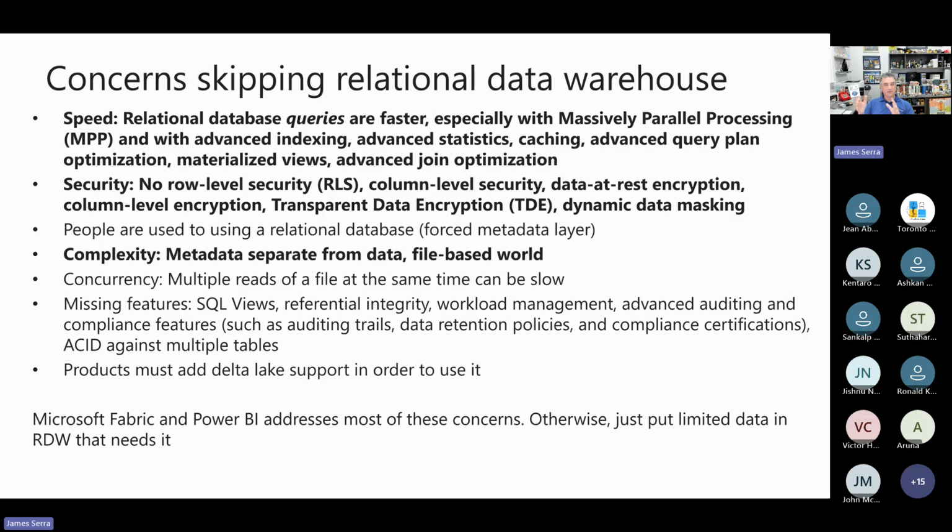And so this problem tends to go away, along with most of these problems, if you're using Fabric and Power BI, because it has workarounds or other methods for eliminating these concerns. Like the second one: Delta Lake does not have row-level security, column-level security, or dynamic data masking. However, those features are in Fabric and Power BI. So while Delta Lake doesn't do it, you can do the same thing if you're using Fabric.